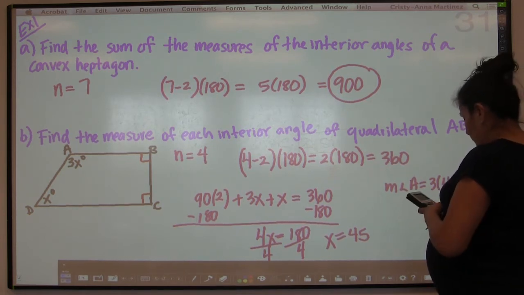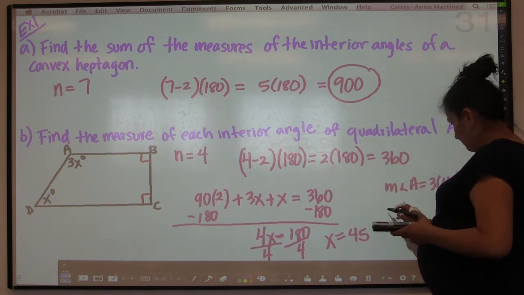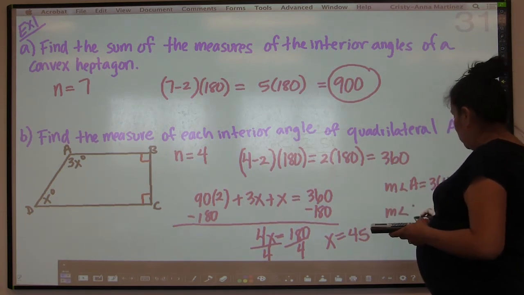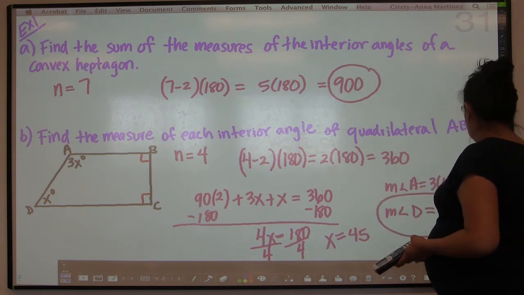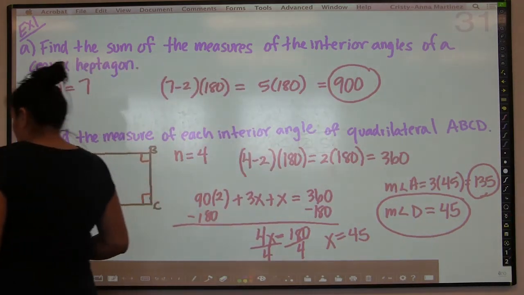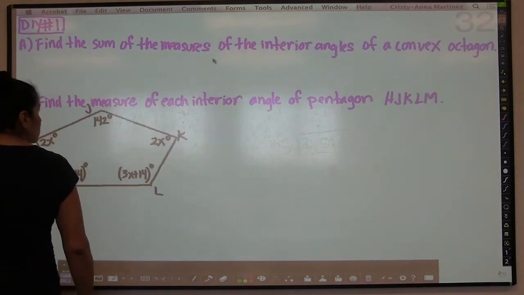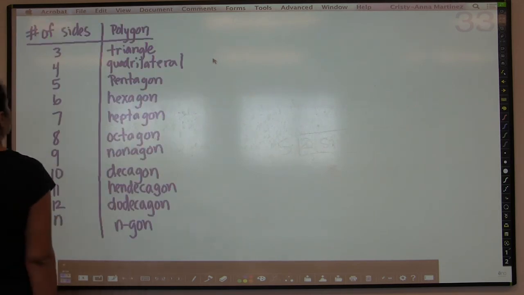And 3 times 45 is 135 for angle A. And the measure of angle D is x, and x was 45. So that is how we get our measures for that little guy. Now we're going to let you try this one on your own, and then we're going to move on.